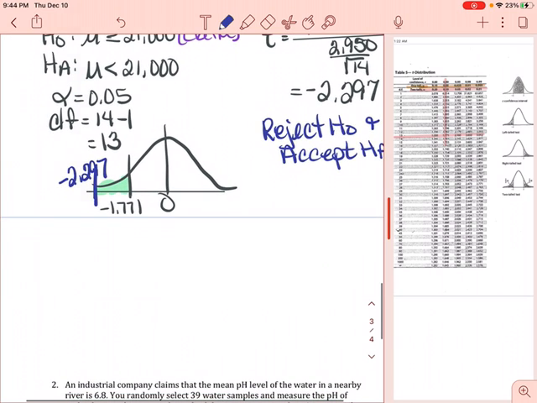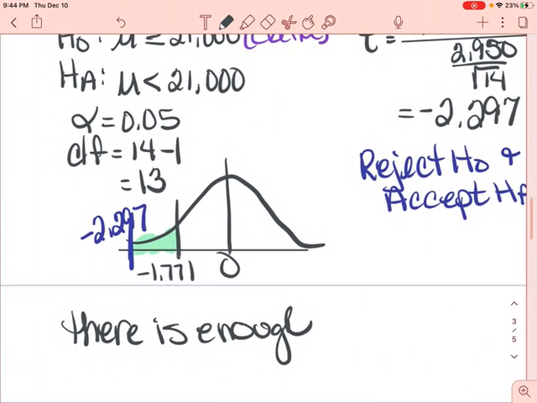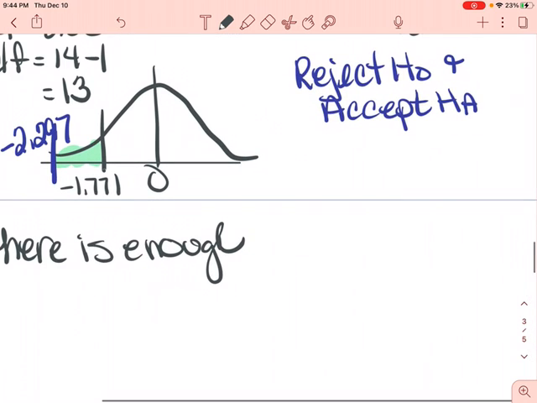All right, so let's write our conclusion. Okay, so we don't have a p-value yet because we haven't talked about that. So we're just going to start with there is enough evidence. Okay, I don't need this anymore, so let's get rid of that.